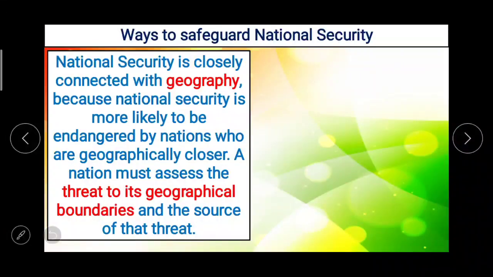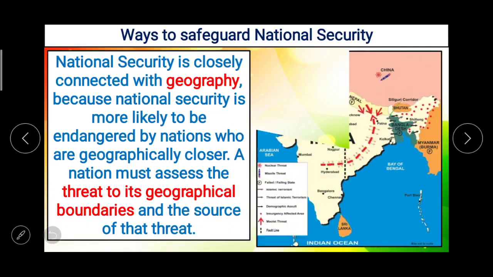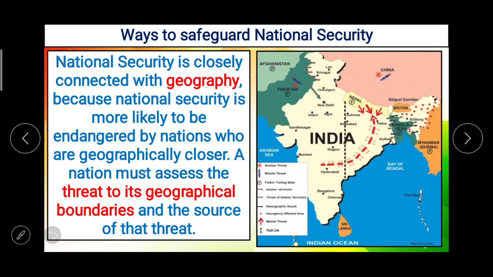Now the next point, ways to safeguard national security. National security is closely connected with geography. Now how is it connected with geography? Because national security is more likely to be endangered by nations who are geographically closer.